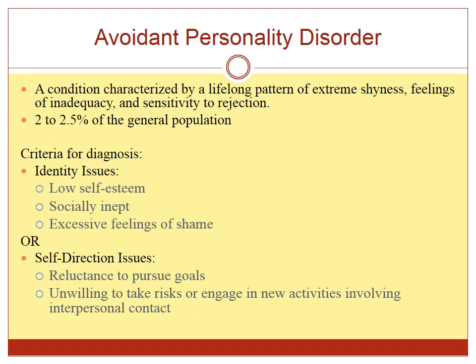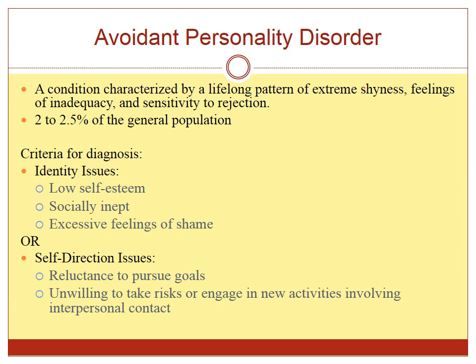Then we have an avoidant personality disorder, which is a condition characterized by a lifelong pattern of extreme shyness, feelings of inadequacy, and a sensitivity to rejection. About 2 to 2.5% of the general population.